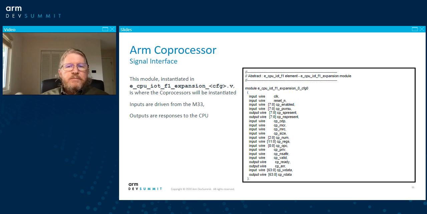The inputs to this module would be driven directly from the M33. The outputs are driven back to the M33 directly. If you're not using the IoT platform, you would see these exact same signals on the M33 processor and could connect up to them in the same way.